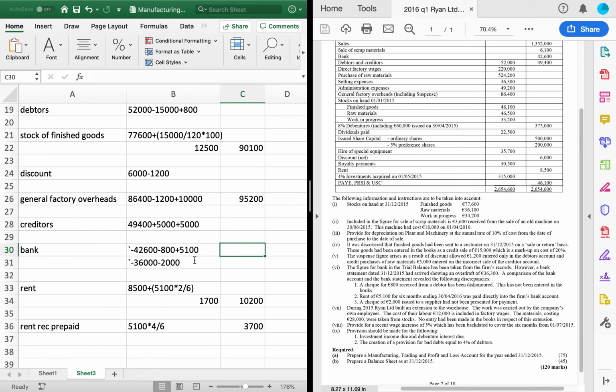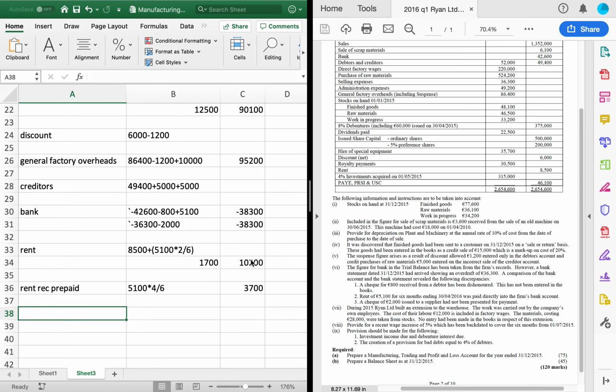So this should all hopefully work out. It's 38.3. Sorry, that was 36.3. Yeah, and it does minus 38.3. So that last one is just to check that the thing works. So both numbers are the same, so we've done it correctly. That rent one would have been tricky enough if you hadn't seen it before, but just work it out like that. The rent for this year has to get added in, and anything that's for next year is prepaid.